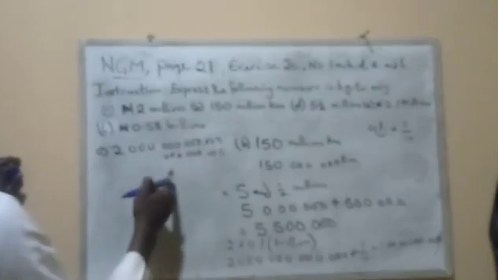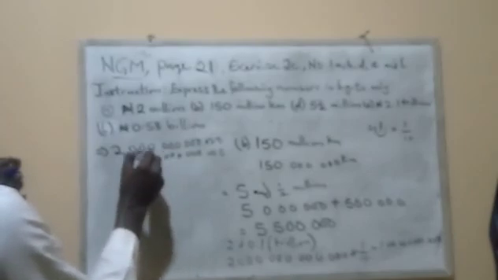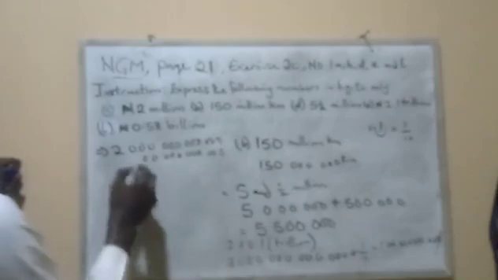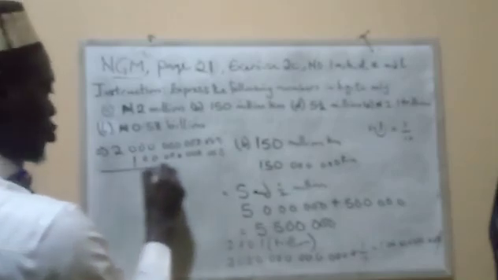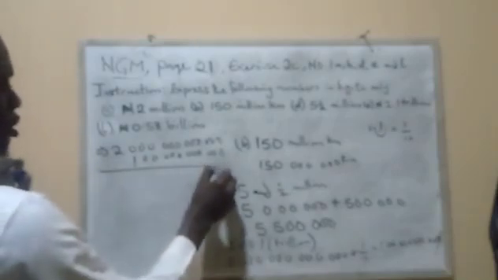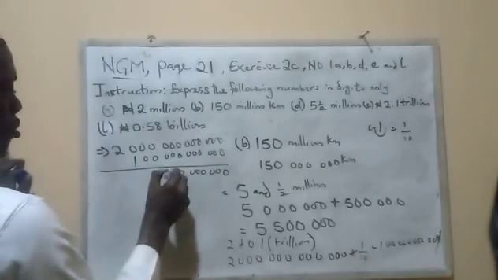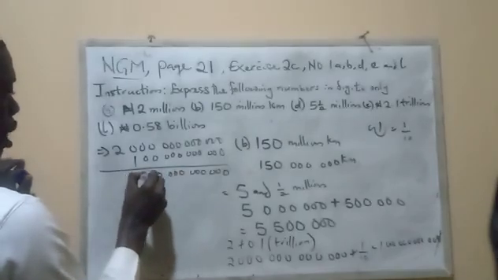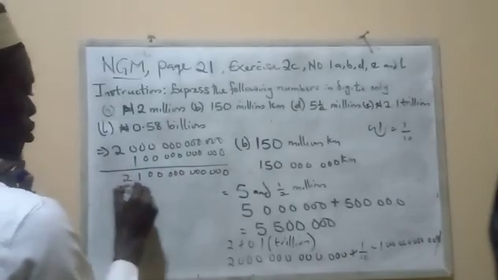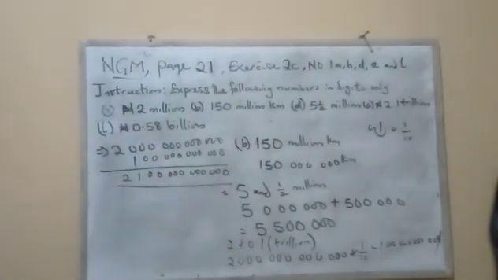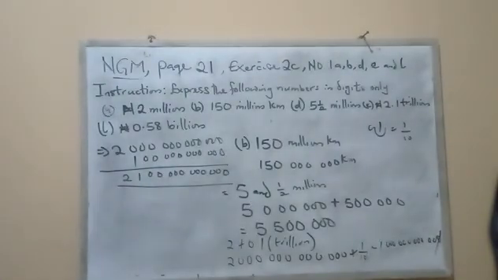So we add them together and have 2, then 1, then 0, 0, 0, 0, 0, 0, 0, 0, 0, 0, 0. So here we have written it in digits only.